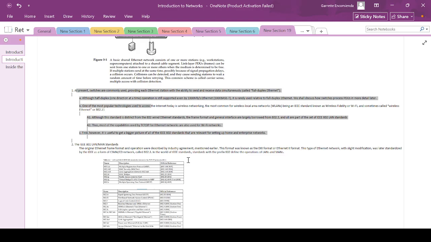So for this type of LAN, switches are commonly used. It provides each Ethernet station with the ability to send and receive data simultaneously, called full duplex Ethernet.